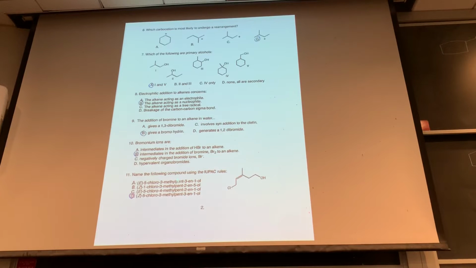Then we have a naming one here, which is giving the alcohol the lowest priority. That's number 1. Then everything else is named in relationship to that. So this is the 1-ol, 1, 2, 3, 4, 5, pentene, 3-ene, yeah. And it is Z here. The highest priority groups on the two sides of the alkene are together.